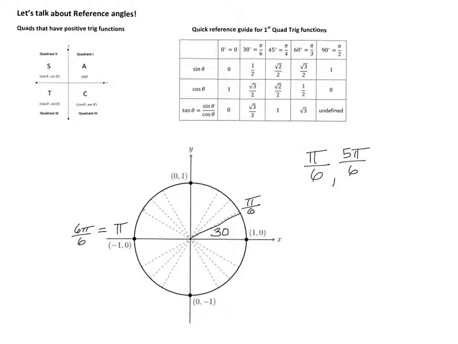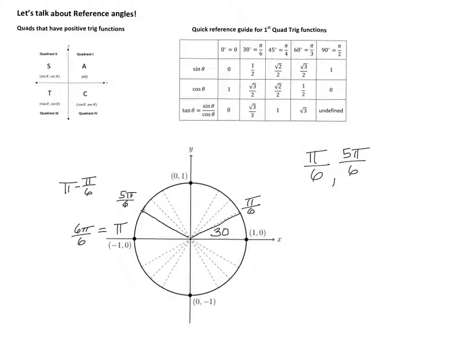So if I want to find this angle right here, basically we could go over to pi, and it's a little bit smaller, so we're going to subtract off a pi over 6. You can look at the two angles and they both have the measure of pi over 6 as far as the distance. So we took pi minus pi over 6, that's taking away 1 pi over 6, that gives you 5 pi over 6.